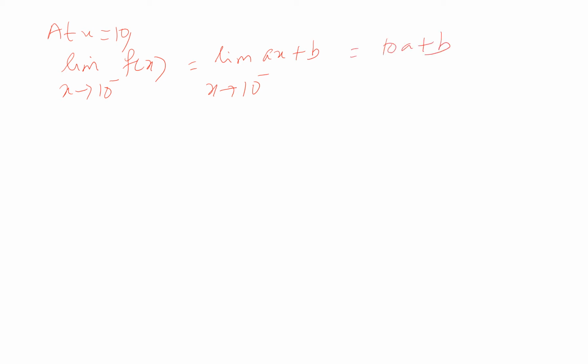Now what is f of 10? f of 10 will be equal to 21. It's given as 21. So limit x tends to 10 minus f of x is equal to limit x tends to 10 minus of ax plus b.